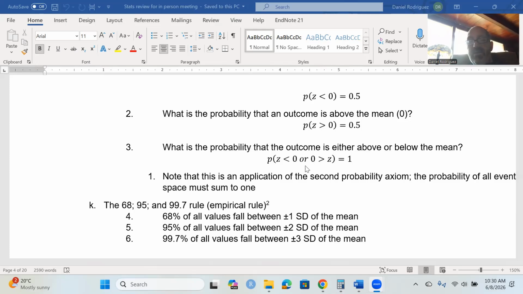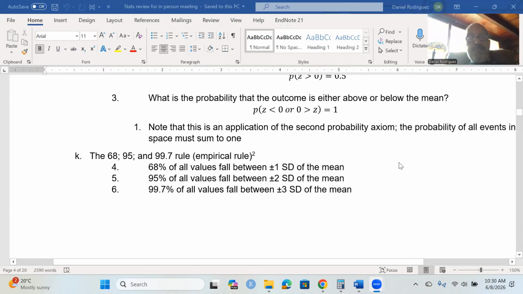The sum of these complementary events is the sum of their individual probabilities. So 0.5 plus 0.5. We know that the sample space must equal 1. These are complementary events. There's a lot of stuff going on there.